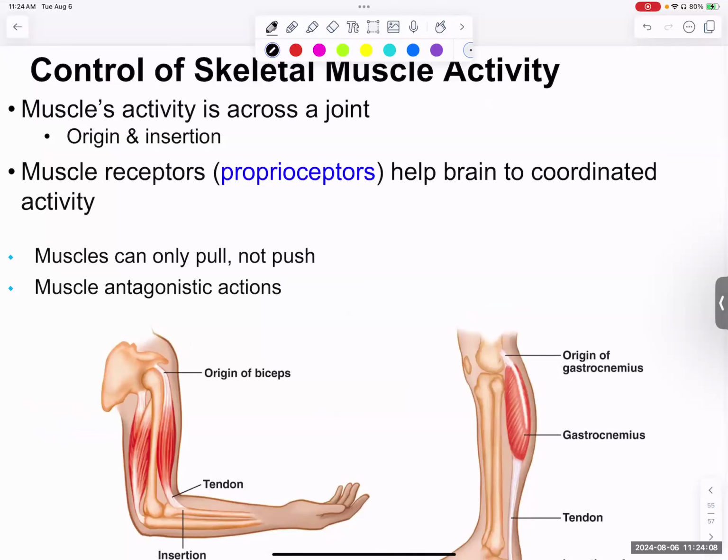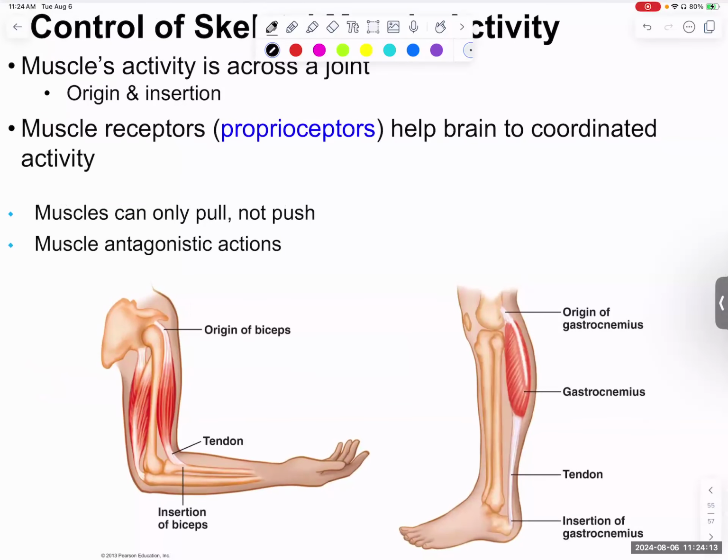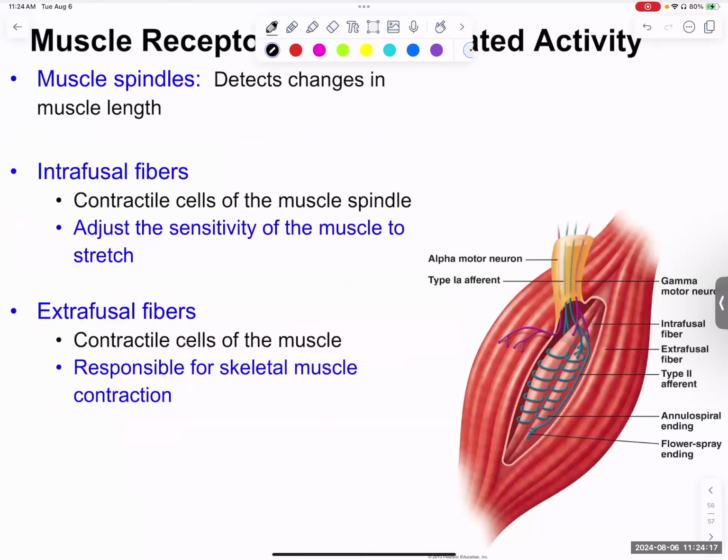Muscle activity across a joint, there are proprioceptors. By the way, muscles can only pull on a bone, they can't push a bone. And we have what's called muscle spindles. They are monitoring the length of the muscle. There are intrafusal fibers and extrafusal fibers.